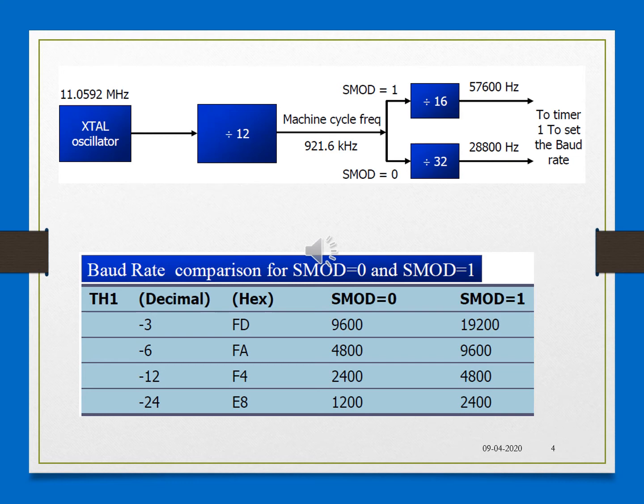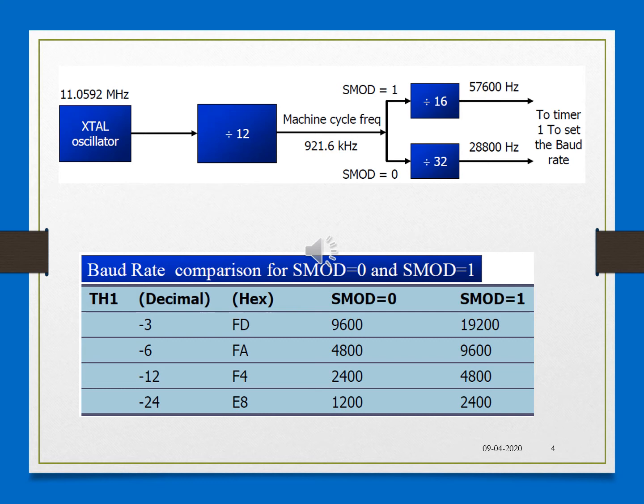So here is the explanation depending on the SMOD status. When SMOD is equal to 0, the frequency is 28,800, which was already discussed in the previous class. The crystal frequency divided by 12 gives the machine cycle frequency, which is further divided by 32, and then you get this 28,800 hertz.